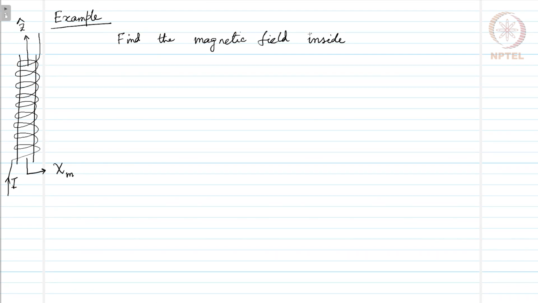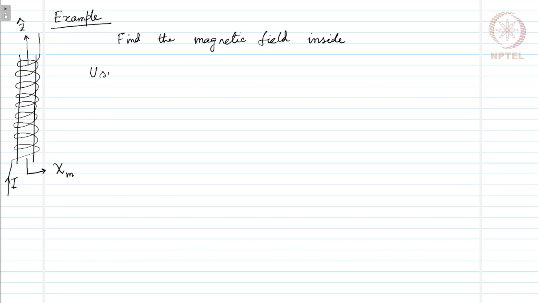How do we do that? Since a part of the magnetic field comes from the bound currents, and we do not know yet what kind of bound currents are there, we cannot directly compute it. Rather, if we apply Ampere's law for the H field, that would be easier.